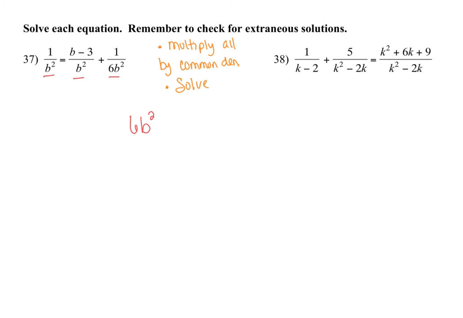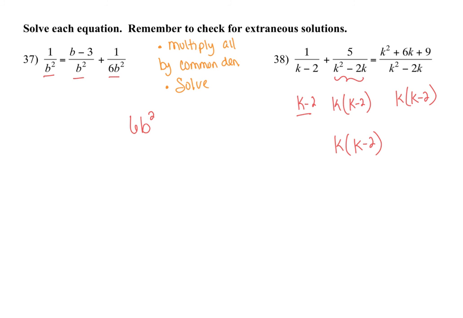For something more complicated, like 38, what I typically do is I write out, okay, that denominator is k minus 2. What would this look like factored? Well, that's k minus 2. What would this look like factored? k minus 2, which shows you your common denominator is that k minus 2. All right, so finding the common denominator is your very first step.